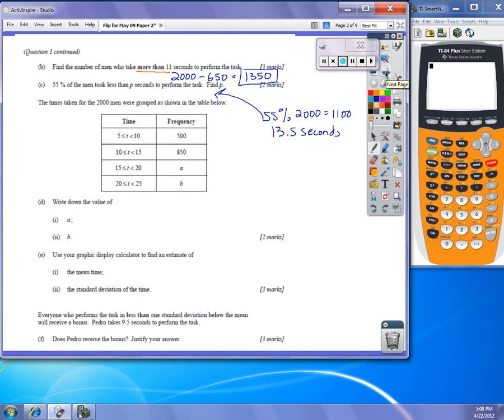All right, in the next part, we've got a grouped frequency table, and they're asking us to just fill in the remaining numbers. So we know that there are 500 people between 5 and 10 seconds, 850 people between 10 and 15 seconds, and now we want to figure out how many people between 15 and 20 seconds.